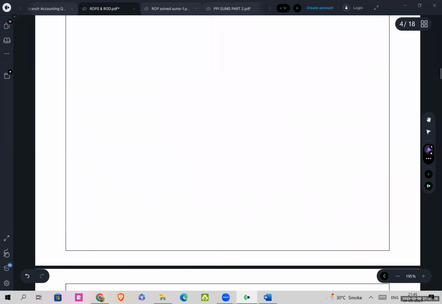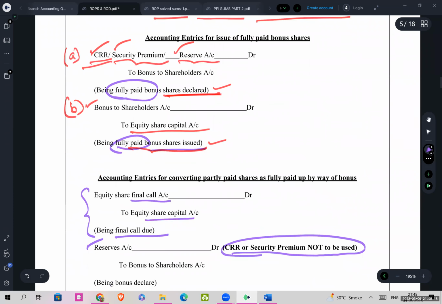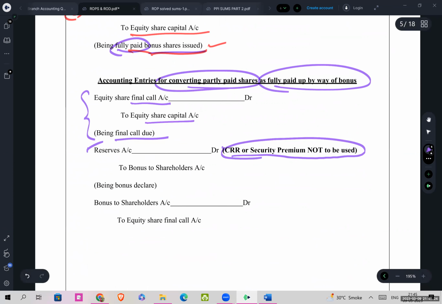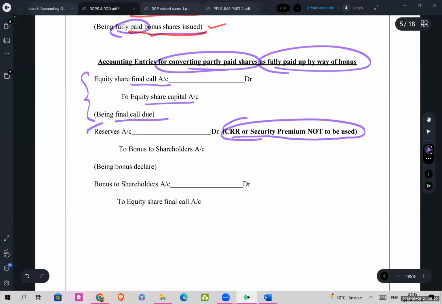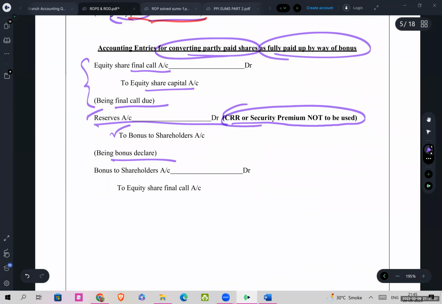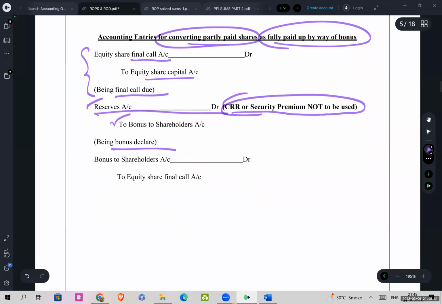When you are converting partly paid bonus shares into fully paid, at that time you are not going to use CRR and securities premium. What you are going to use is the reserves account, debit to bonus to shareholders. Declare your bonus, and after declaring your bonus, then you issue your bonus shares.